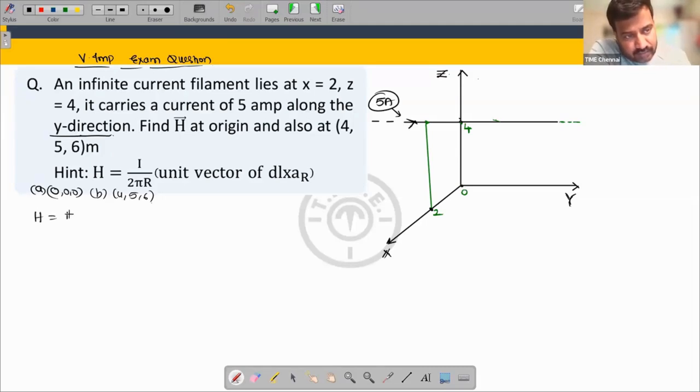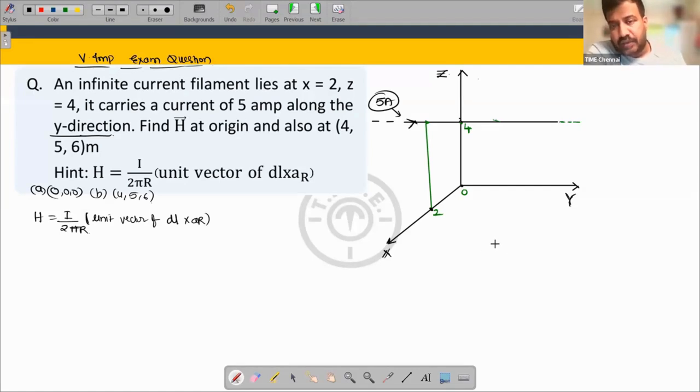H formula for infinite line is I by 2 pi r, R is the distance, times the unit vector of the resultant, dL cross aR.